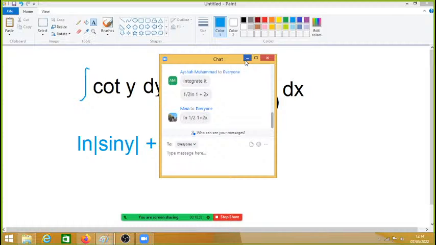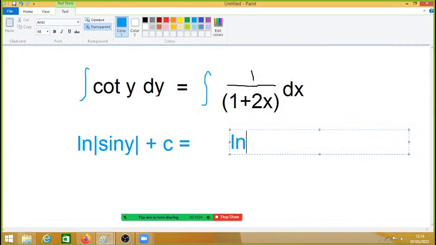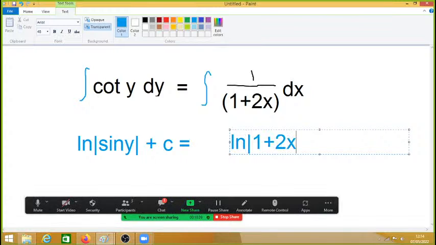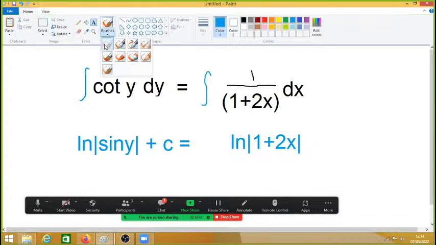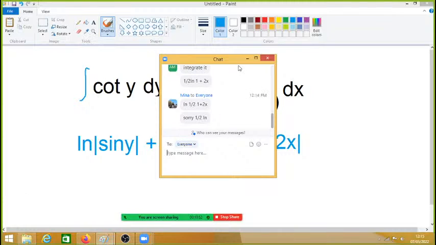Okay, natural log of 1 plus 2x, and then there is a half which comes at the beginning because if it's not x, if it's 2x, then you have to divide by that too. So it's a half at the beginning.